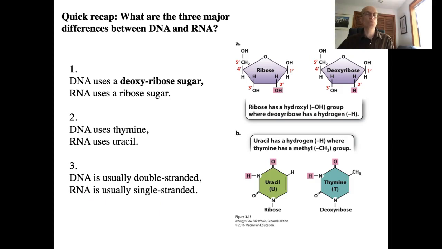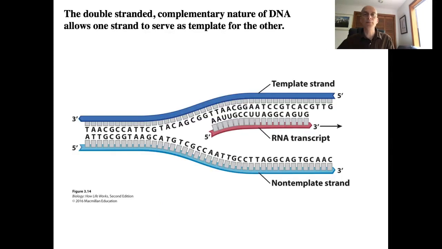All right, so let's see how mRNA is made. That process is called transcription. The DNA is transcribed into mRNA. The double-stranded complementary nature of DNA allows one strand to serve as the template for the other. And so this one here is now referred to as the template strand.